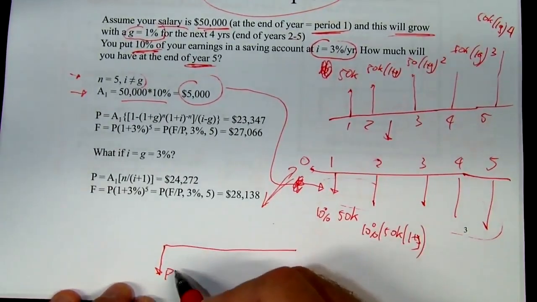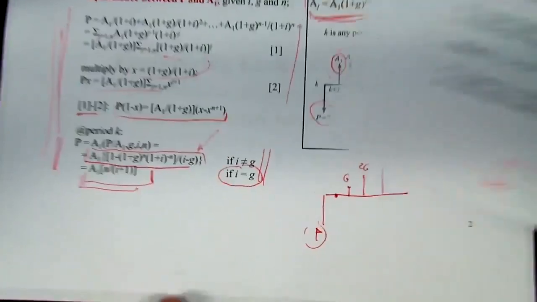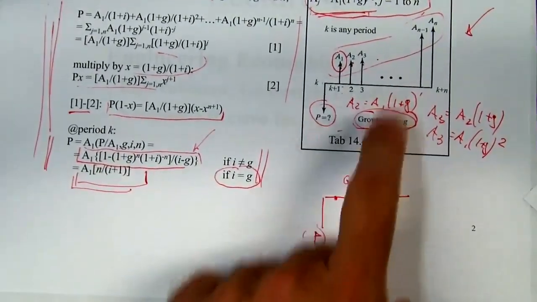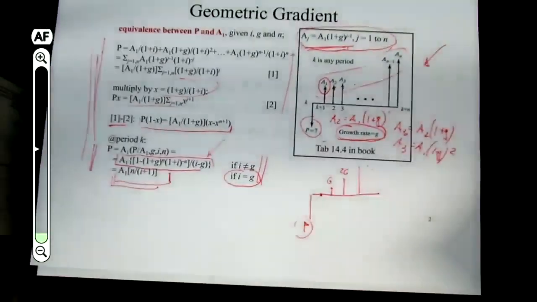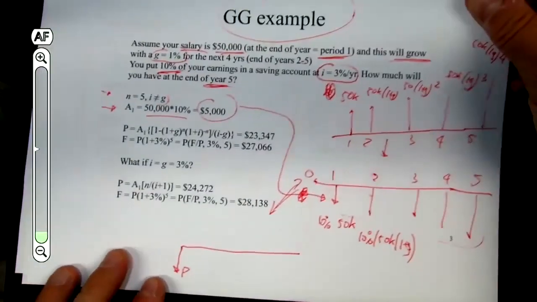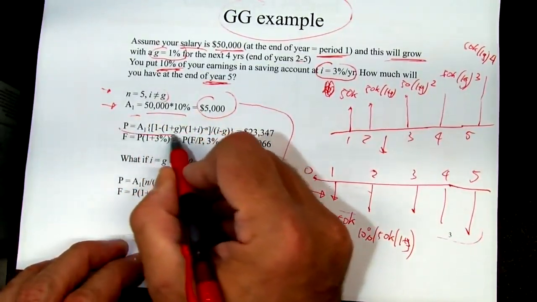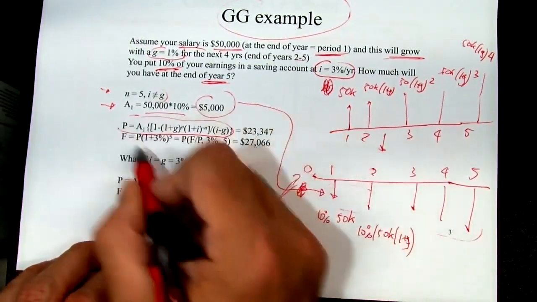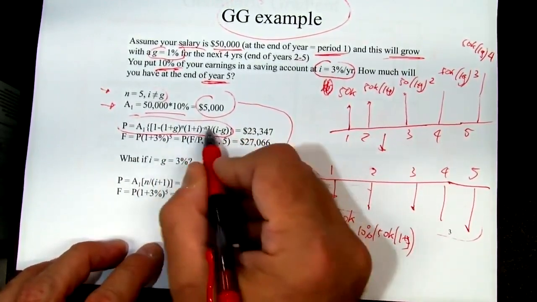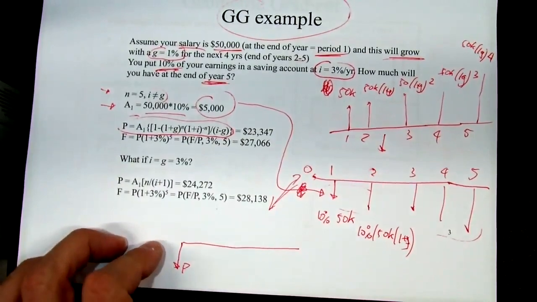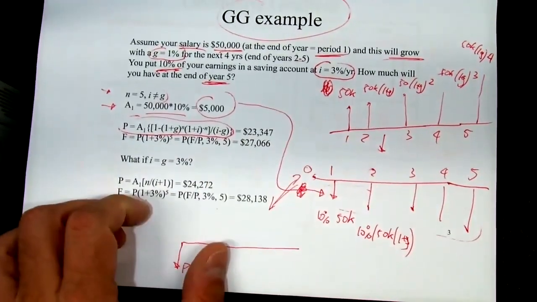The equivalent P can be calculated using this equation because it exactly matches the geometric gradient model we just did. So we can directly apply the formula, which is the same as the previous slide. You plug in the numbers: G equal to 1%, N equal to 5, I equal to 3%, and also here 3 minus 1.